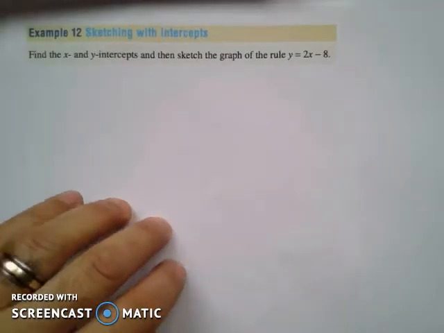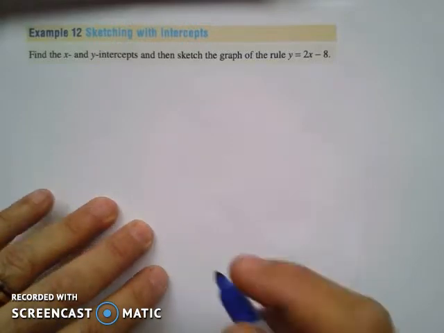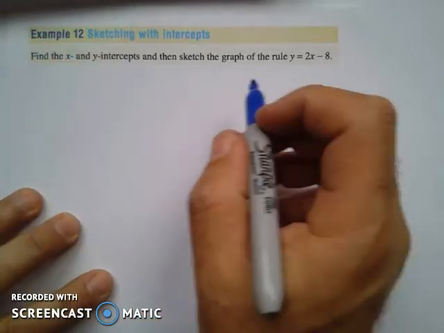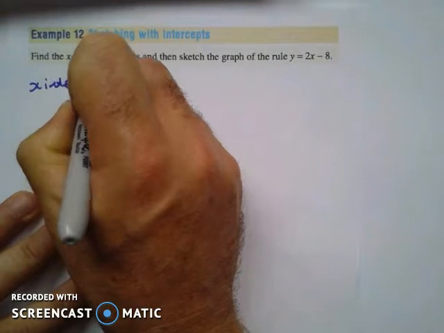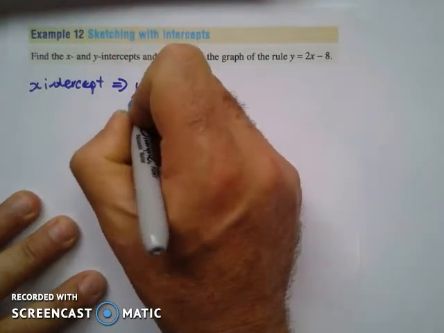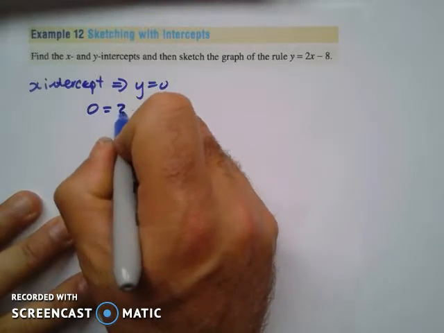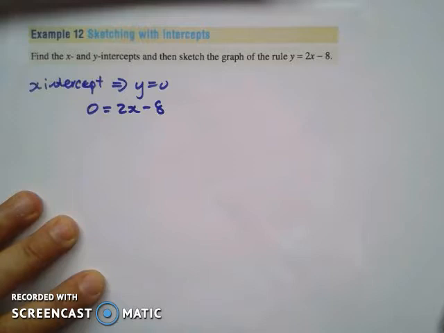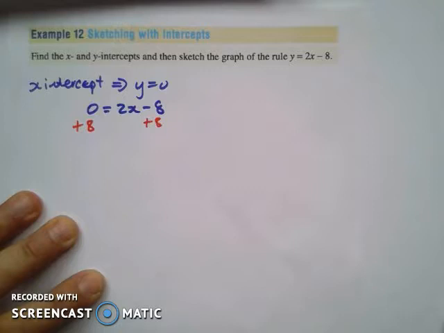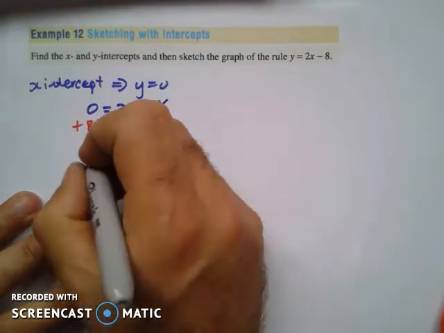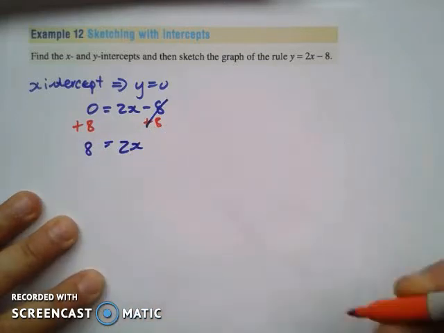Last example, which is exactly the same as the others. Find the x- and y-intercept and then sketch the graph of the rule. I start off by saying my x-intercept will happen where y equals 0, which means 0 equals 2x minus 8. I'm going to add 8 to get rid of the 8 on this side. They cancel. I will have 0 plus 8 is 8 equals 2x.